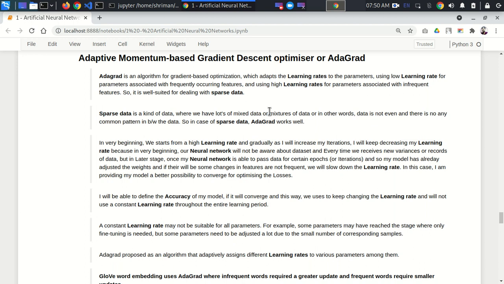So it assigns a low learning rate for parameters associated with frequently occurring features, and a high learning rate for parameters that are not occurring frequently. So whenever we are talking about sparse data, in terms of NLP, we are going to deal with some different kinds of datasets. So there this particular AdaGrad is used much more frequently, right?